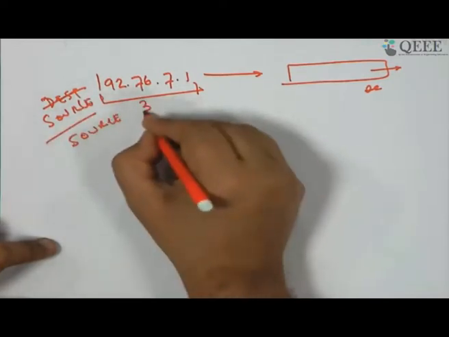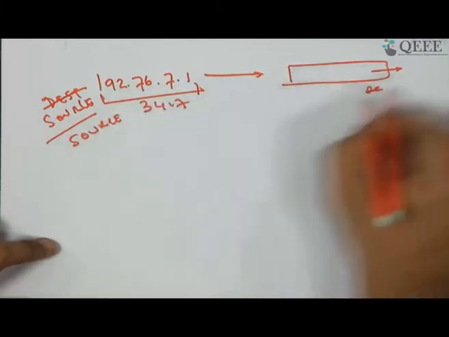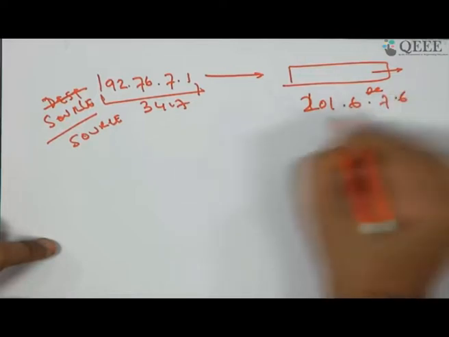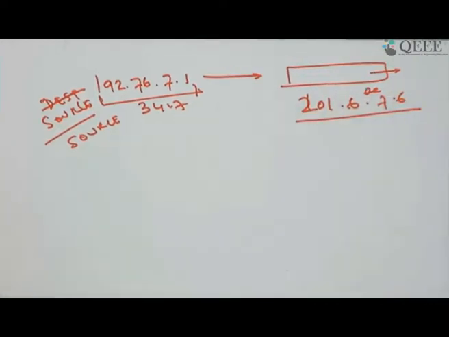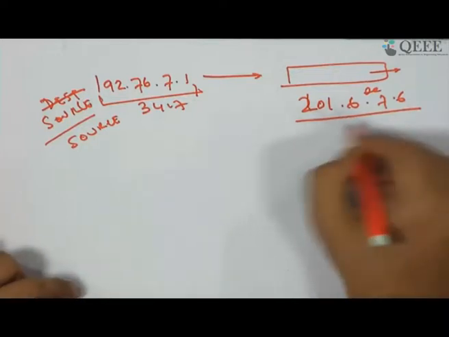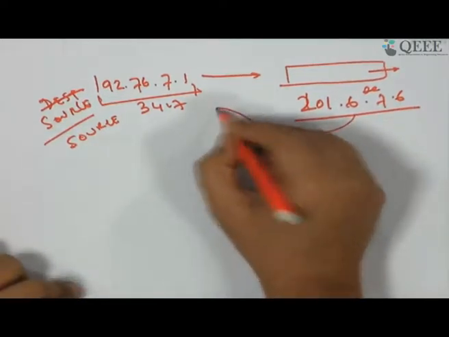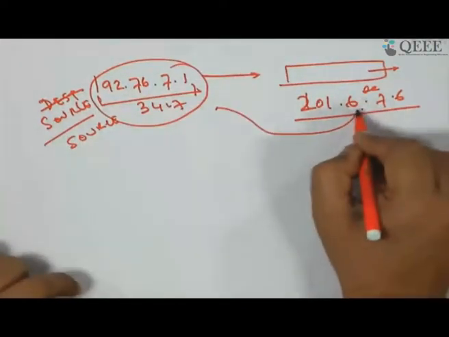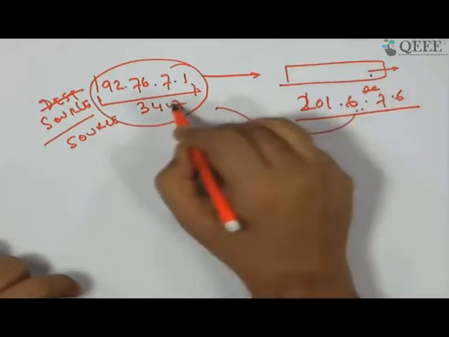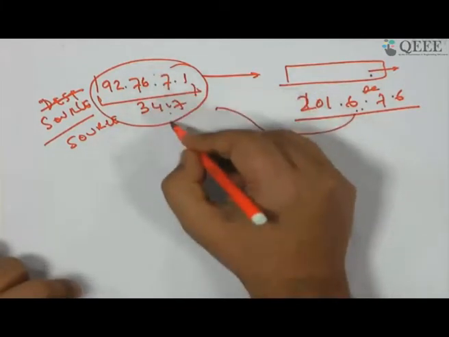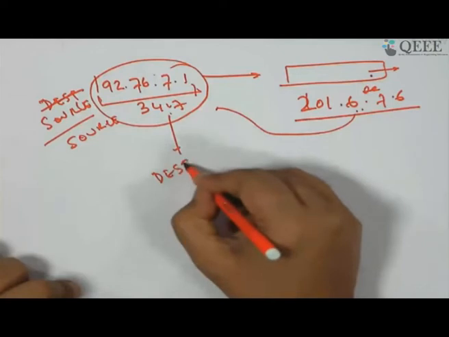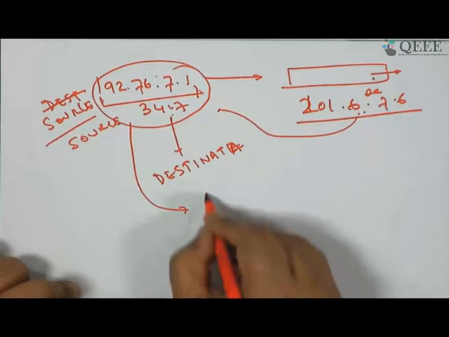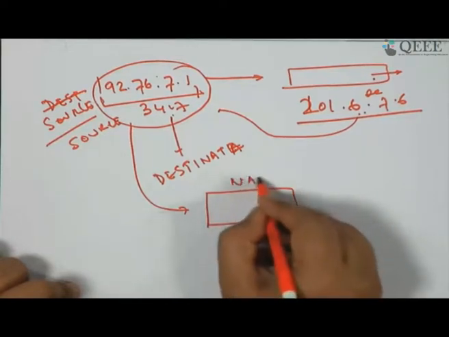The source port is 3417 and there is some destination IP, 201.6.7.6. After coming back, the server sends back a packet with this as the destination, and with this as the destination it comes to the NAT box.